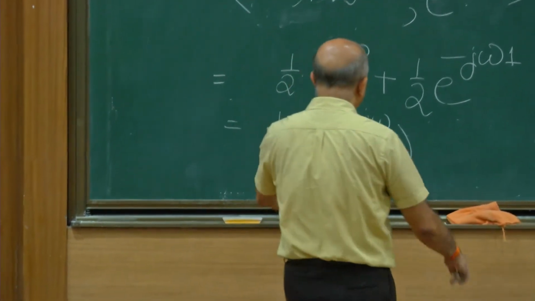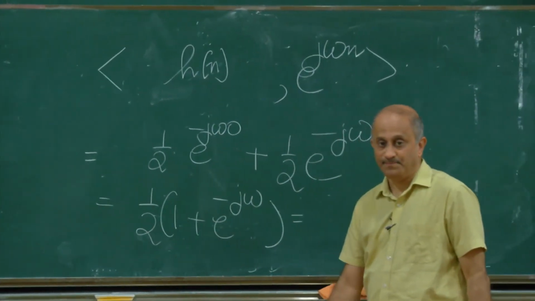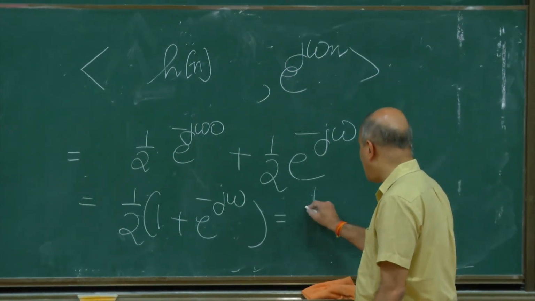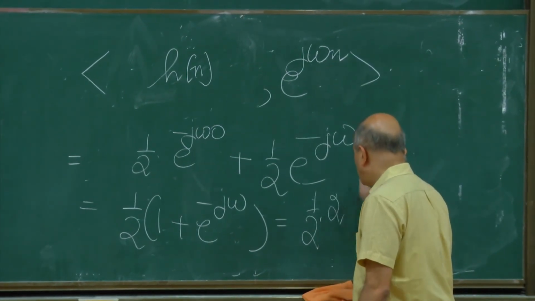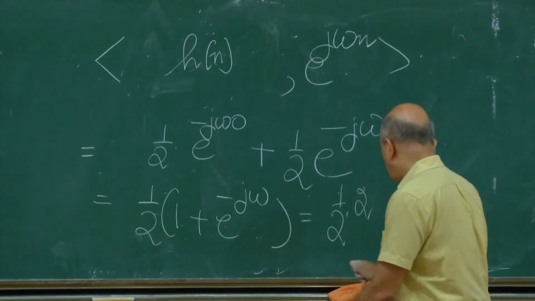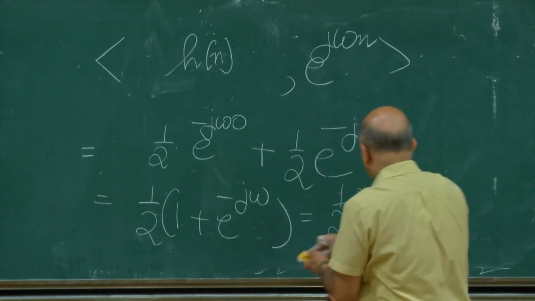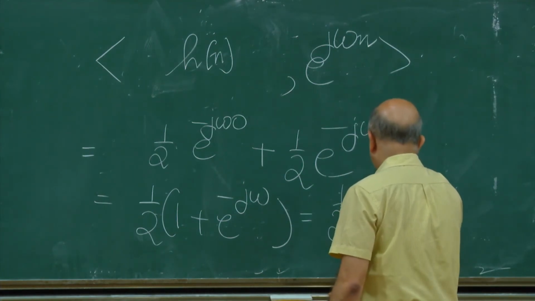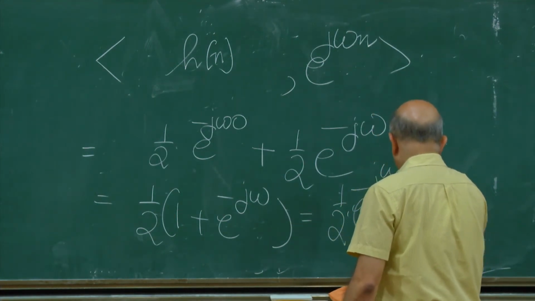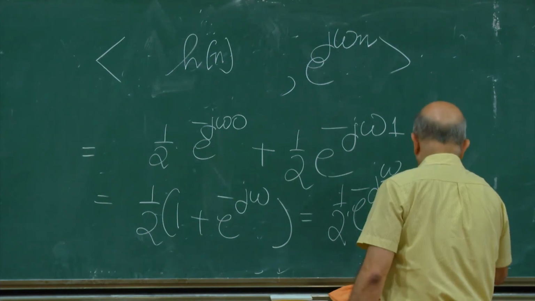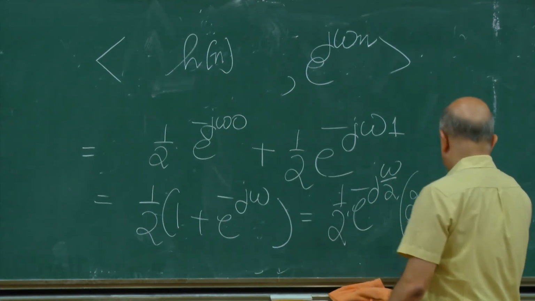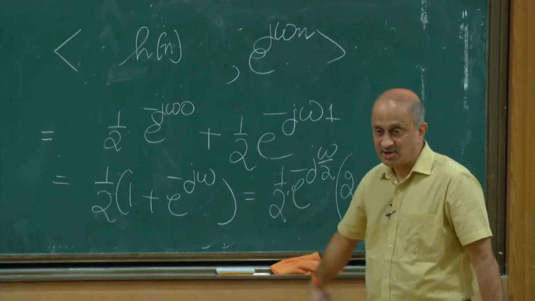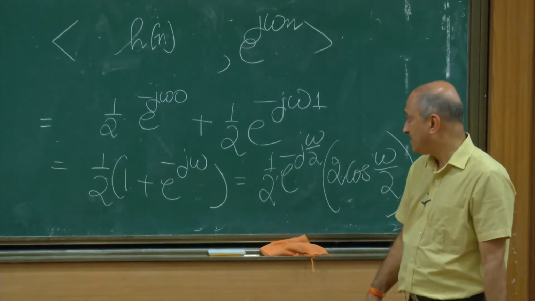So let us write this in polar form. What is the polar form of this? Half into 2. Well, to write in polar form, you could take the magnitude, but it will be easier to write it like this. Take e raised to the power minus j omega by 2 common, and that leaves you with 2 cos omega by 2 inside, e raised to the power minus j omega by 2 plus e raised to the power plus j omega by 2.